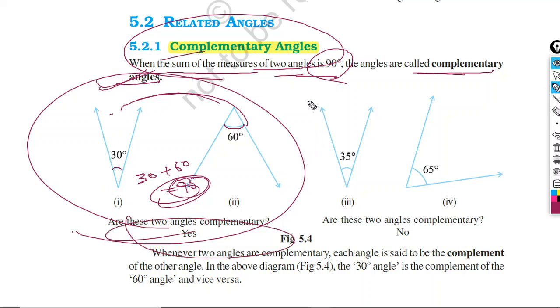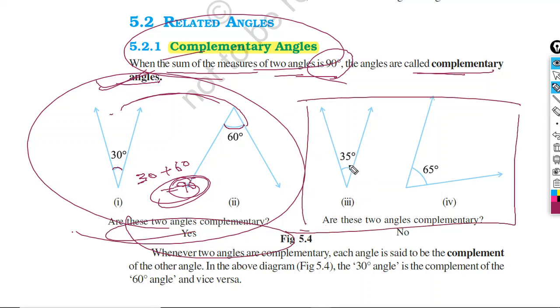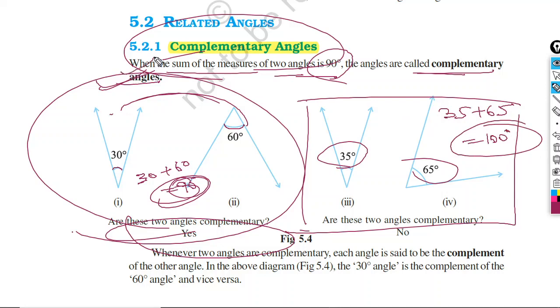Now again we will move to this part. Here there are two angles, 35 degrees and 65 degrees. Can we call them complementary angles? Let's check. 35 plus 65 equals 100 degrees. Now what is our definition saying?